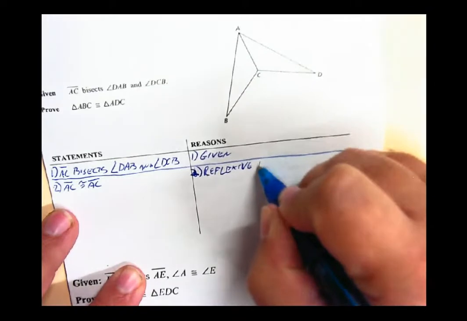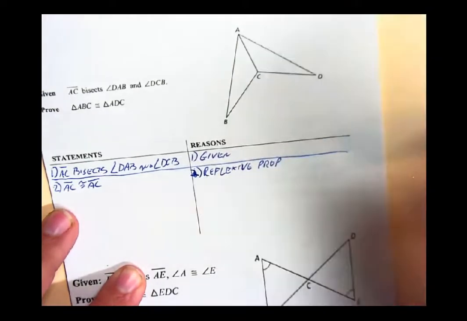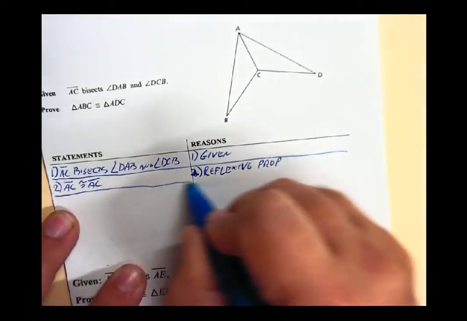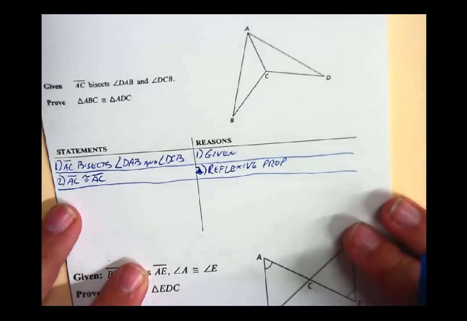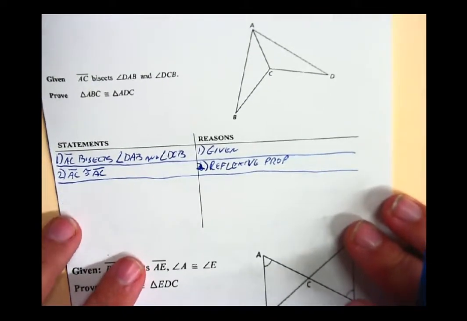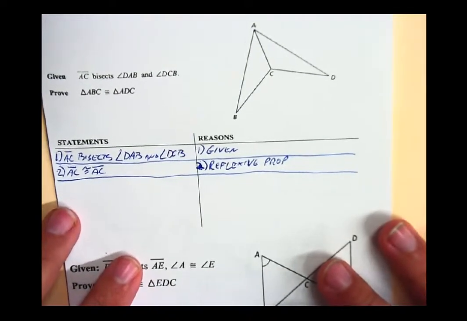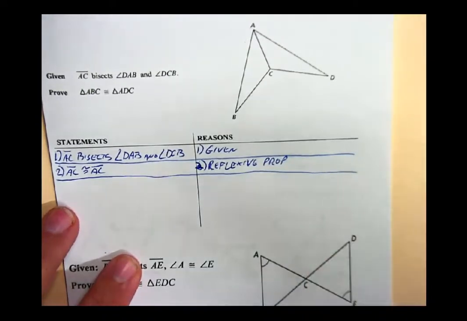Reflexive property. Technically reflexive property of segment congruence, but reflexive property is good enough. Most teachers are going to be fine just putting reflexive property. So that'll be fine.